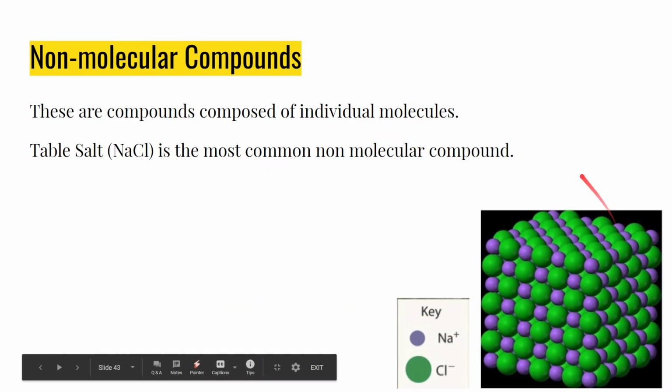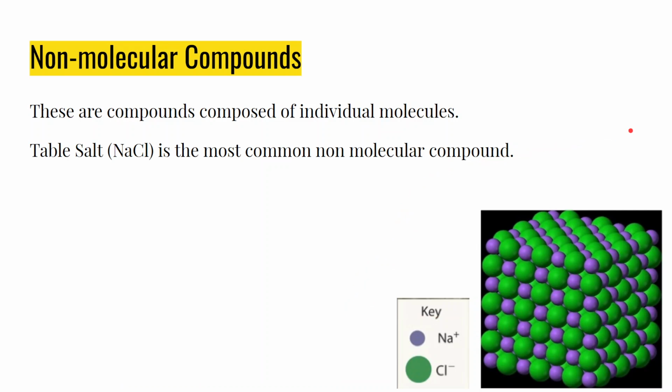Just like you can see here, this is table salt. And you got the Na positives, and they fit in next to the Cl negatives. And they're attracted to each other because the Na, or the sodium, is positive and the chlorine is negative, and so they kind of bond together in that sense, almost like magnets.